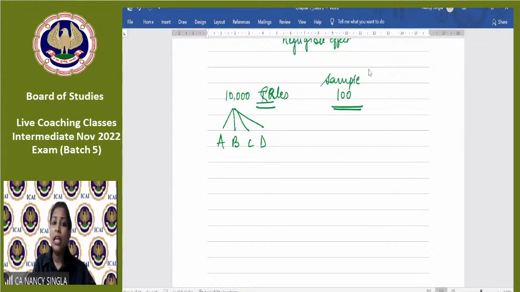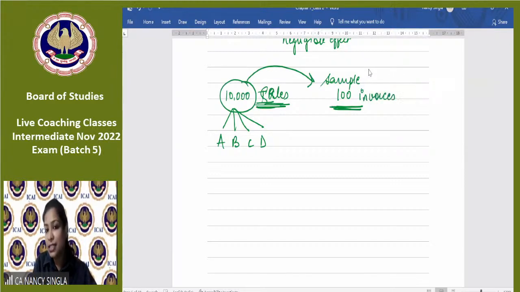Now, if the auditor is drawing the sample from this 10,000, he draws a sample of 100 invoices. So chances are that out of this 100, he may get maximum of A, maximum of B. Let's say C is not at all covered, D is not at all covered.